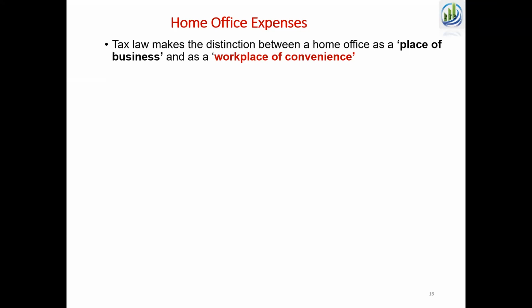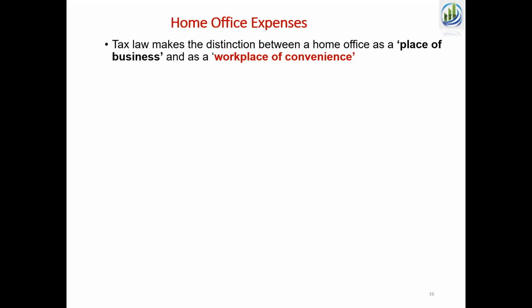The second one is workplace of convenience. You are working as an accountant in an office in the city, 38 hours. But when you come back home, you look into emails, or you did not finish some of the work, so you come home and finish it. That's called workplace of convenience, because your employer did not pay you for the hours you work after your normal hours. You do this work for your convenience.